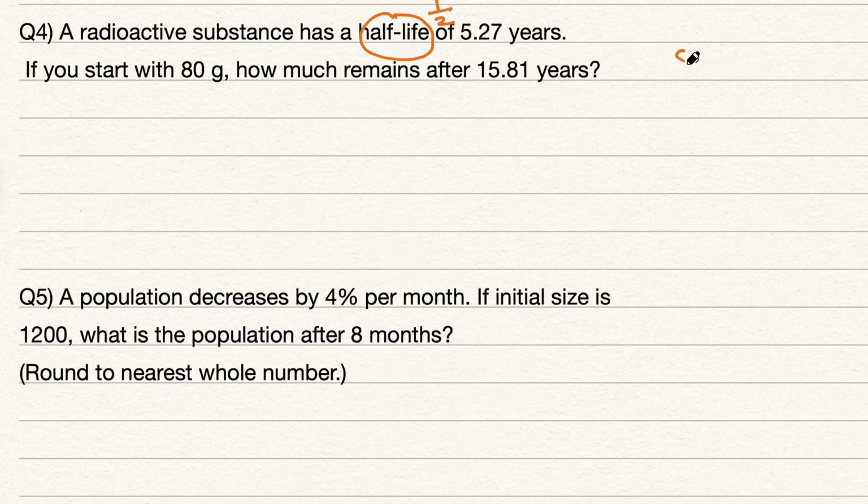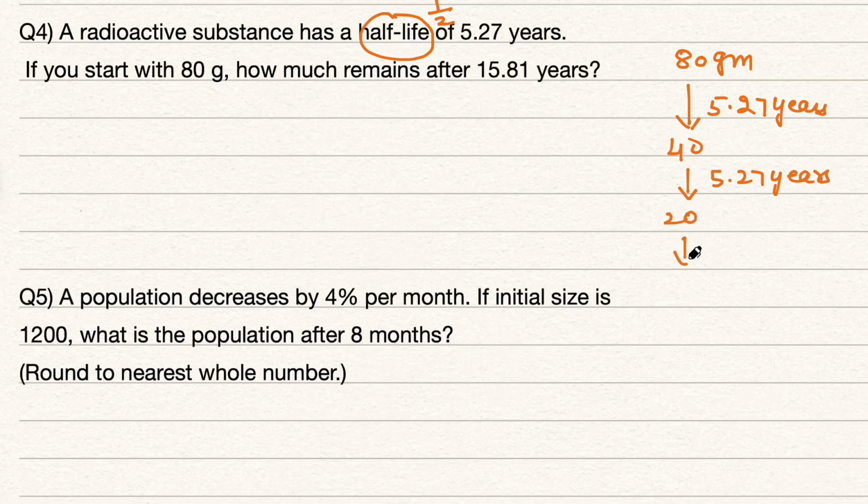Now, if it is 80 grams in the beginning, then after 5.27 years, it remains half, 40. Again, after 5.27 years, it becomes half of 40, which is 20. Again, after 5.27 years, it becomes half of 20, which is 10. So if I do it 3 times, overall the years are 15.81 if you add all of these, right? So after 15.81 years, it will be 10 grams.